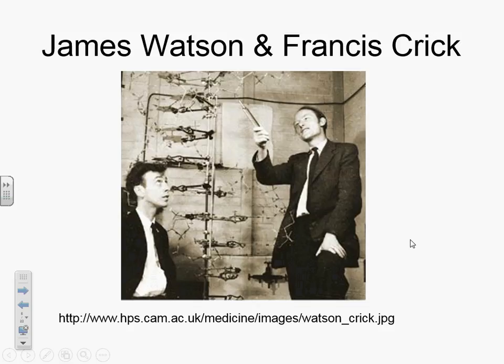For a long time, people had known what DNA was made of, and they could extract it, and they knew it had sugars and phosphates and bases, but they couldn't work out this double helix idea. And so Watson and Crick got all the credit for this. It's one of those iconic pictures in science. I don't suppose that was the moment they discovered it, but that was posed by your model.